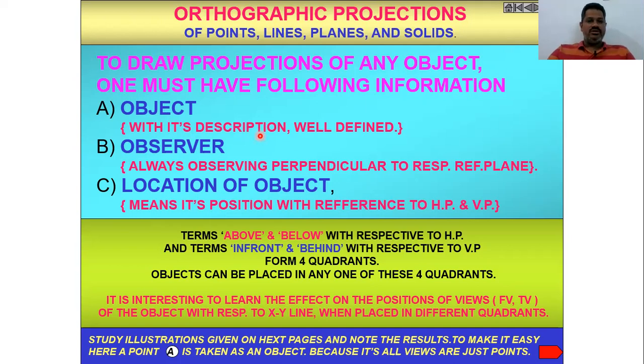If we are drawing the orthographic projections of a point, we require data like from which distance the point is located with respect to the reference planes. So in turn, the object must be well defined to draw the orthographic projections of points, lines, planes, as well as solids. Basically, we require the object data.